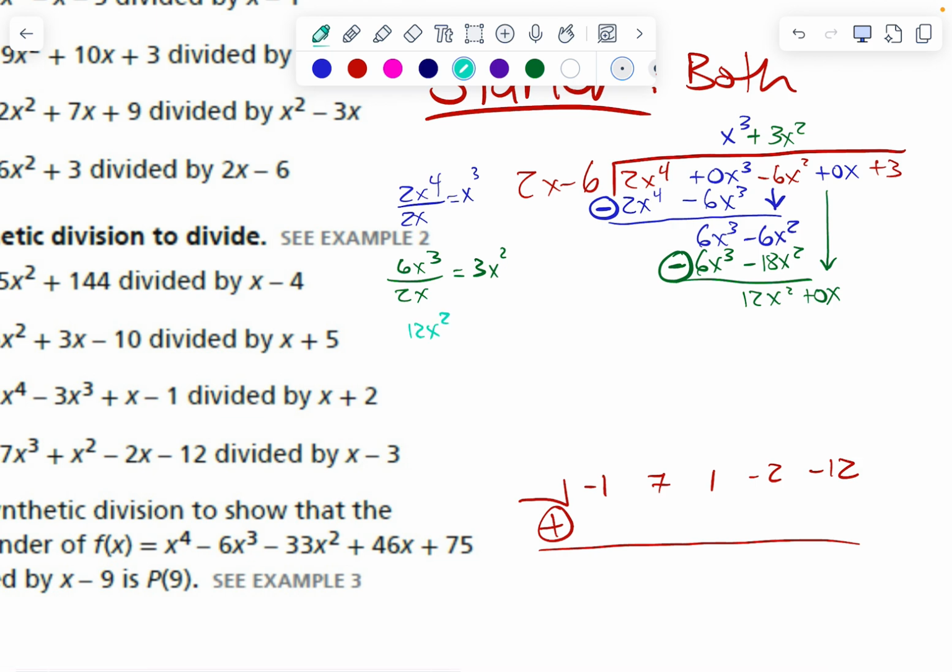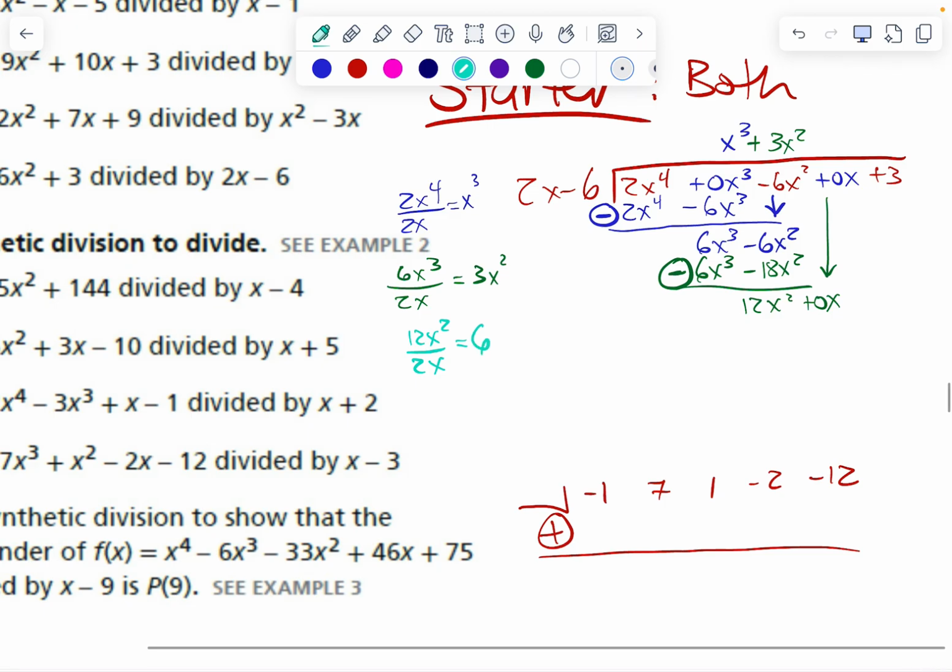Okay, 12x squared divided by 2x. Good. Do the numbers first. So 12 divided by 2 is 6. X squared divided by x is x. Okay, make sure again to put plus 6x, not squared, just 6x. Don't just put the 6x up there.